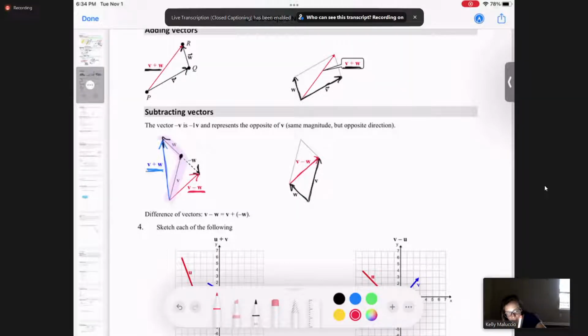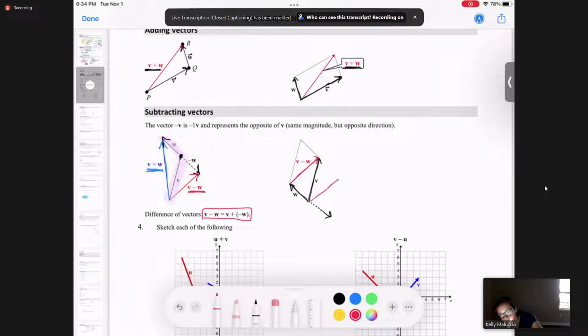And they said it here, difference of vectors, it's the same thing as saying V plus negative W. So even for this second one, you could probably do negative W this way, and then you'd get some type of addition.